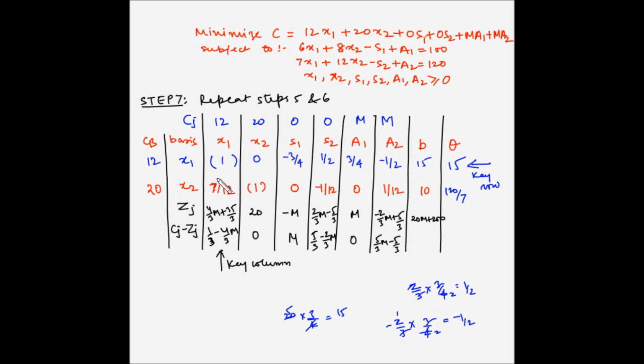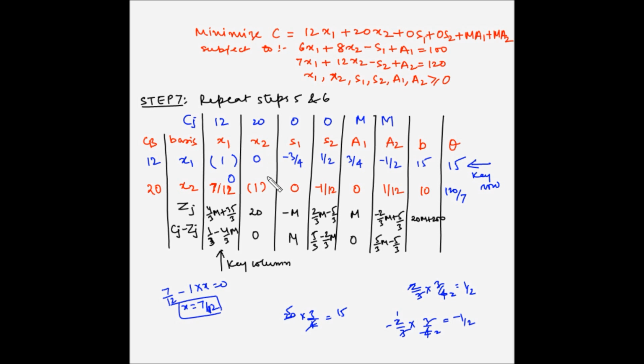Now let's move to the row x2. So here we have to make the intersecting element with the key column for row x2 as 0. So this becomes 7 by 12 minus 1 into x is equal to 0, or x is equal to 7 by 12. So 1 into 7 by 12 is 7 by 12, and 7 by 12 minus 7 by 12 becomes 0.